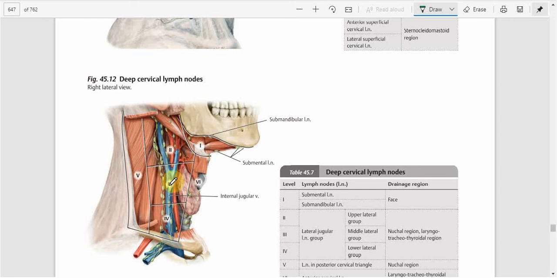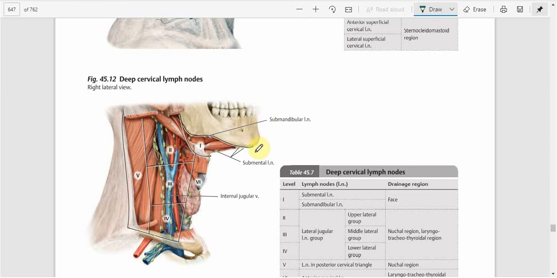Then we have the middle lateral group, and then the lower lateral group of lateral jugular lymph nodes. Interesting name. They are lateral and related to the internal jugular vein, and you give them upper, middle, and lower as prefixes depending on the vertical location.